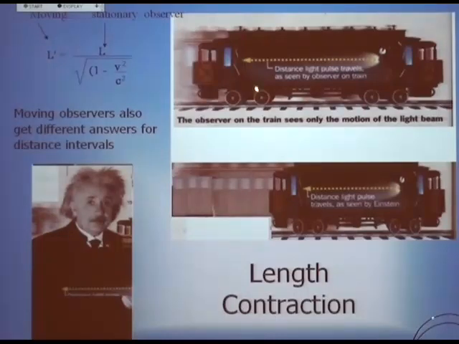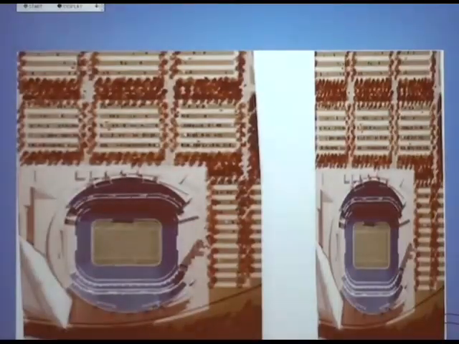All right. Now there's a similar connection for the rulers. See, the rulers of the moving train look shorter than for the guy on the train. And I'm not going to derive this, but there's a connection between the moving ruler and the stationary ruler. So space is deformed in the same way.